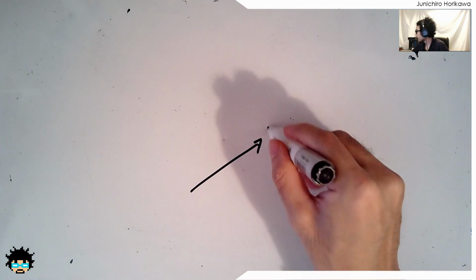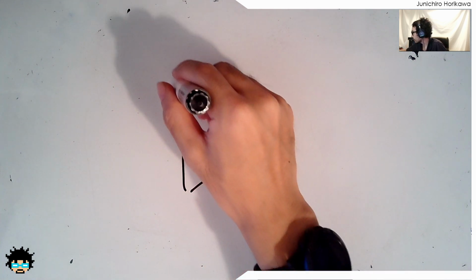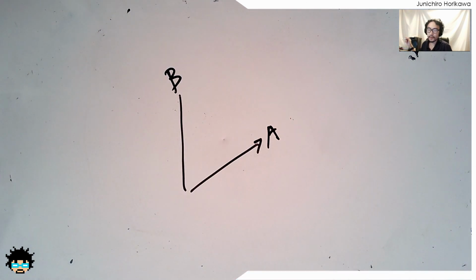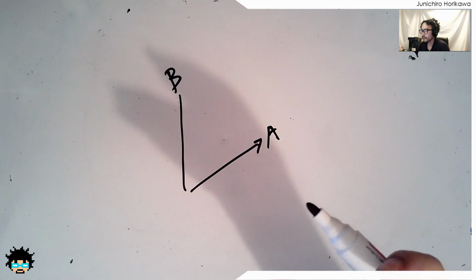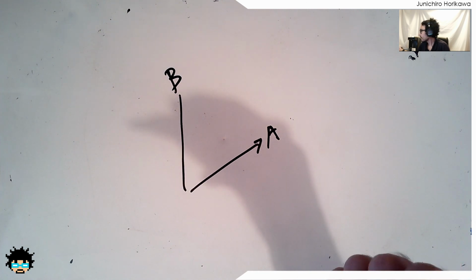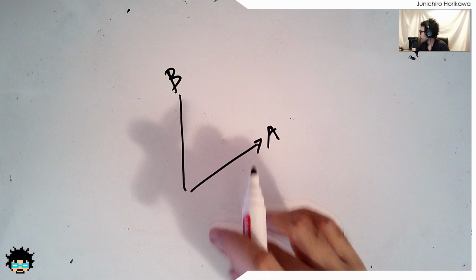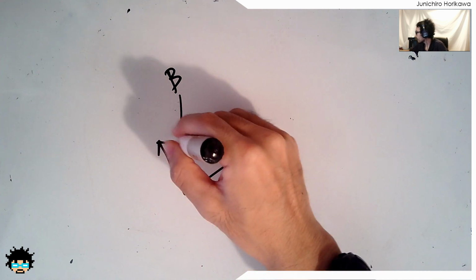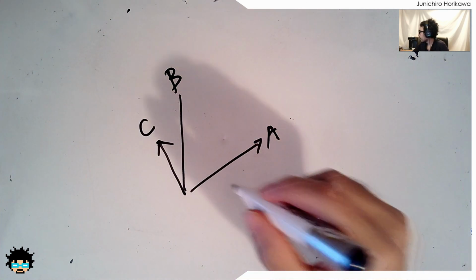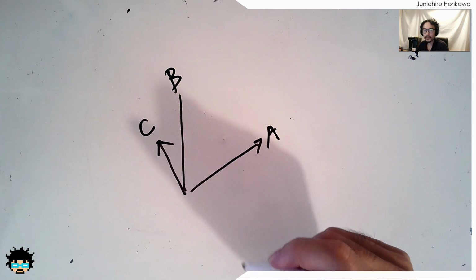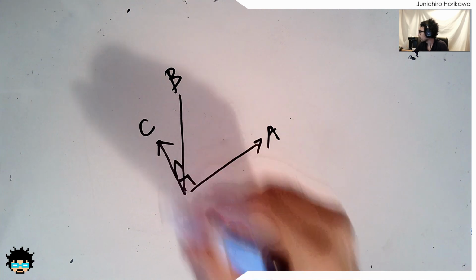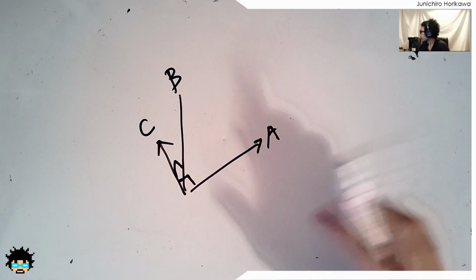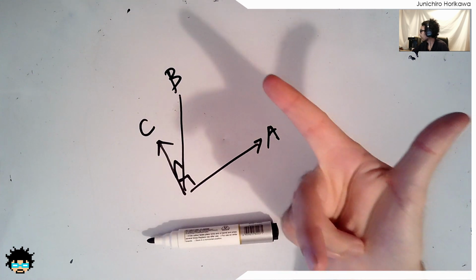Say you have vector A and you have vector B. And the cross product of these two vectors is actually a perpendicular vector to both of those vectors, which is vector C.